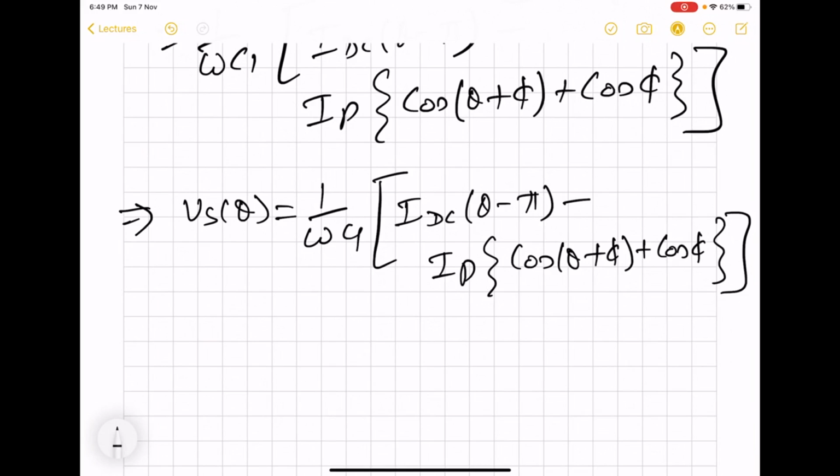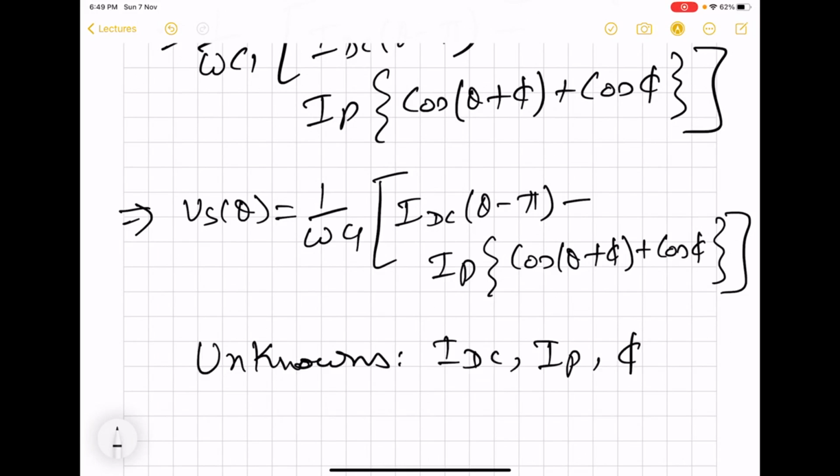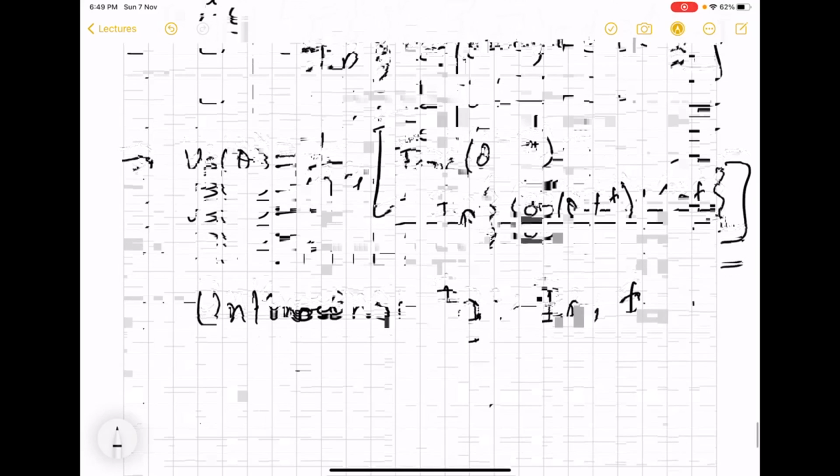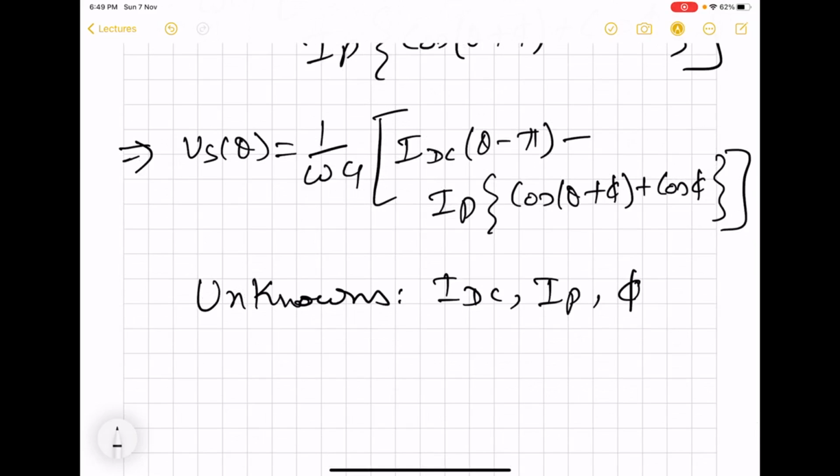And here we can see that we have unknowns IDC, IP, and initial phase phi. So we have three unknowns, and we need three equations to determine them.